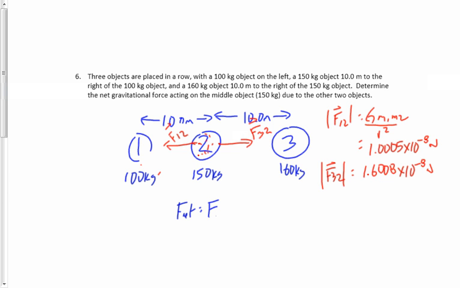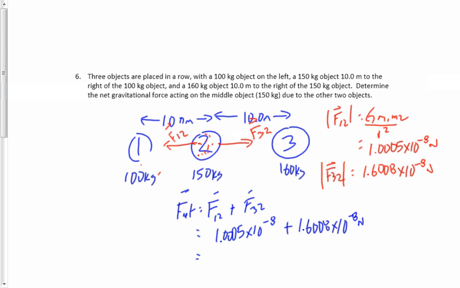So what do you got, F12 plus F32? 1.005. Is that right?